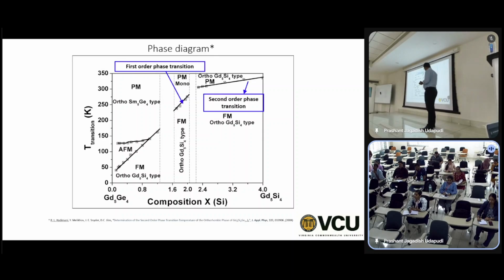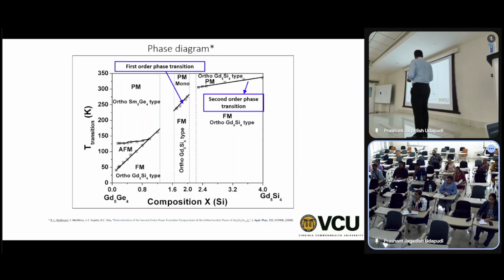So as we replace germanium with silicon, we are increasing the magnetic transition temperature. But we want to use this for room temperature purposes. So that means we want to be somewhere here, right? This is the magnetic phase diagram.